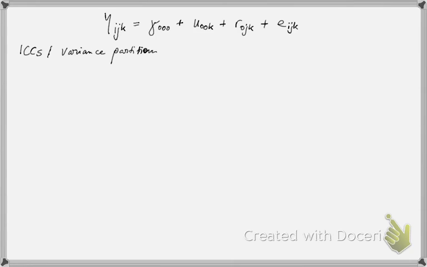So let's say in this example we have students in classrooms in schools. Then we can look at how much of the total variance is at each of these levels.